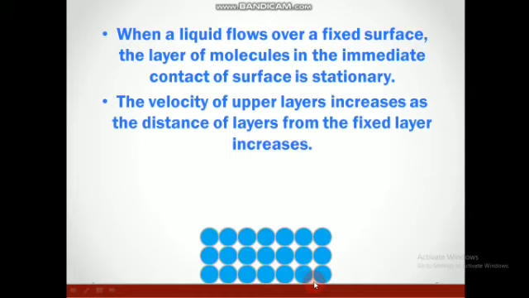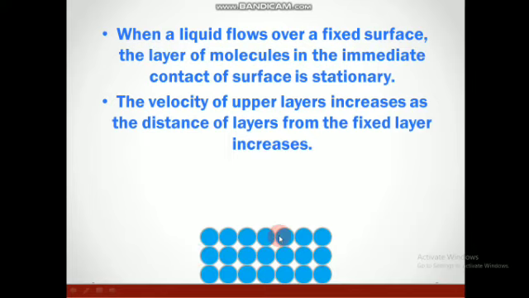The velocity of upper layers increases as the distance of layers from the fixed layer increases. So there is a velocity gradient between these layers. If we consider this as the stationary layer, the layer which is touching the stationary layer will move a little slower. So that is also a known fact. One is stationary and this layer will move slower than the next layer.